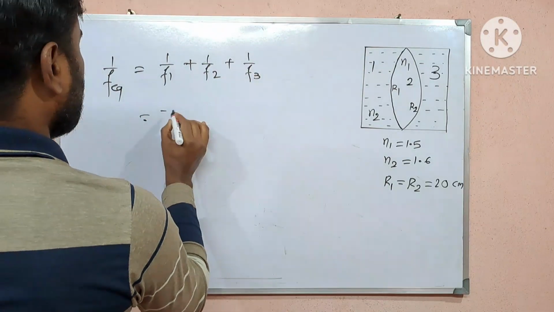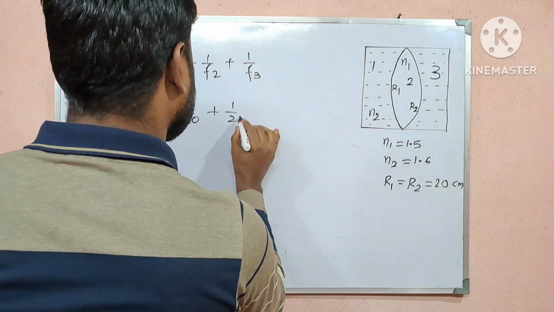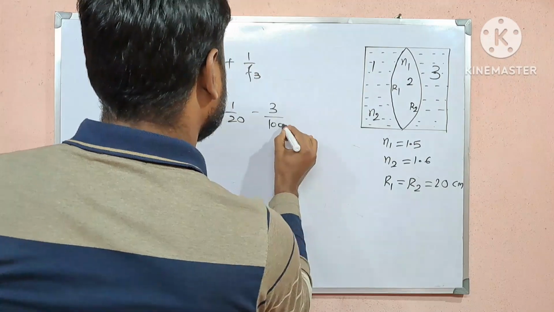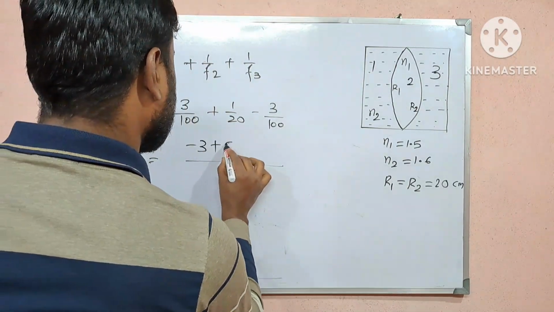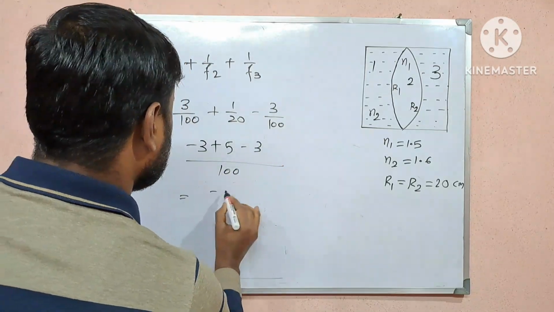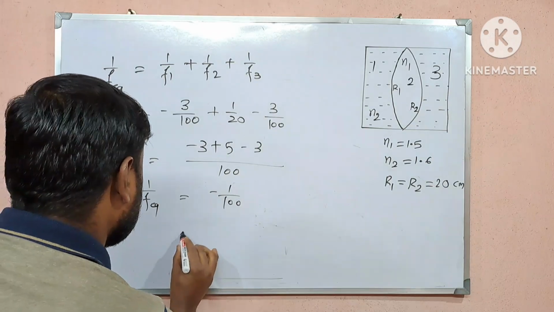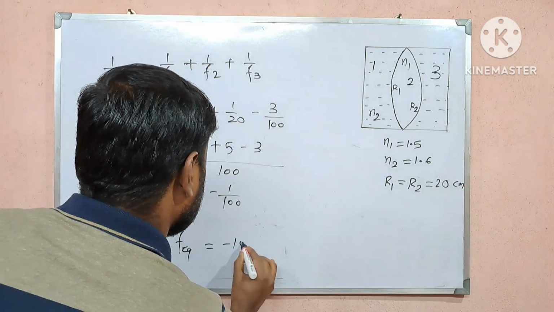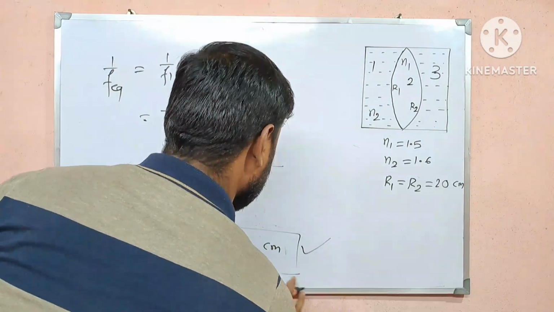That means minus 3 by 100 plus 1 by 20 minus 3 by 100. So 100 will be the LCM: minus 3 plus 5 minus 3. So that will be minus 1 by 100, 1 by f equivalent. Now f equivalent will be minus 100 centimeter. That will be our final answer.